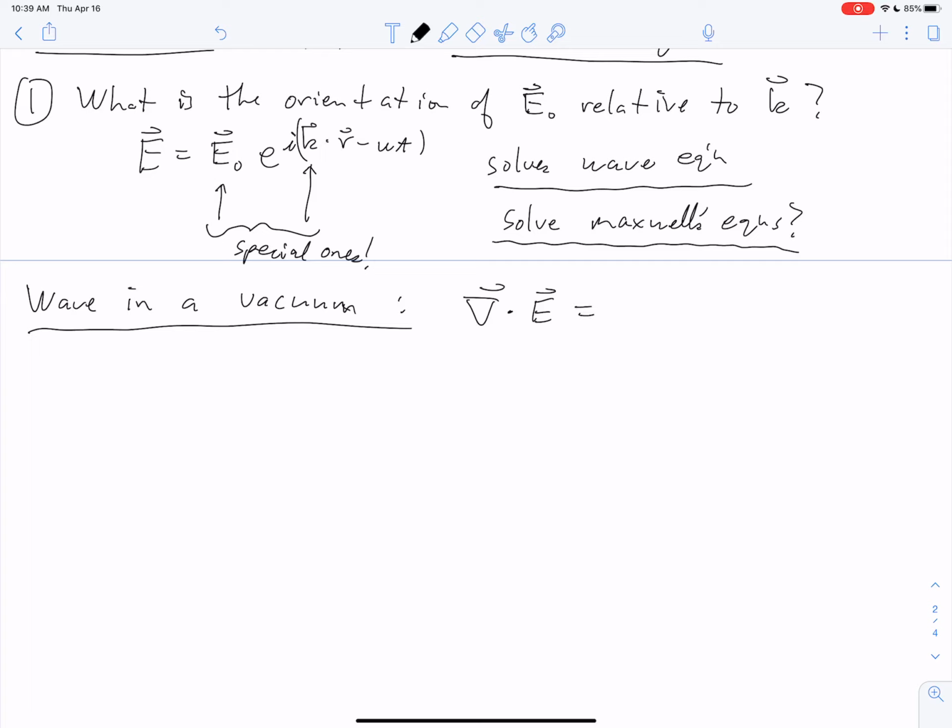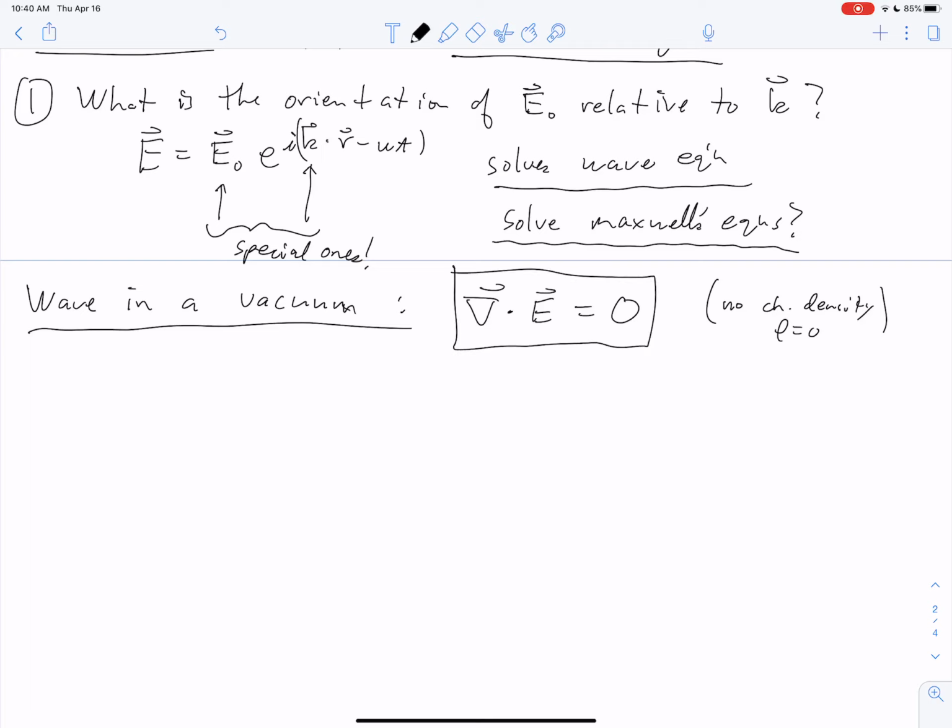Well, normally we would put rho over epsilon naught, but because we're in a vacuum, there's no charge density, so rho equals 0 in a vacuum. There's nothing there, and so there's nothing that creates divergence in the electric field. So del dot E is 0. That's a Maxwell equation.